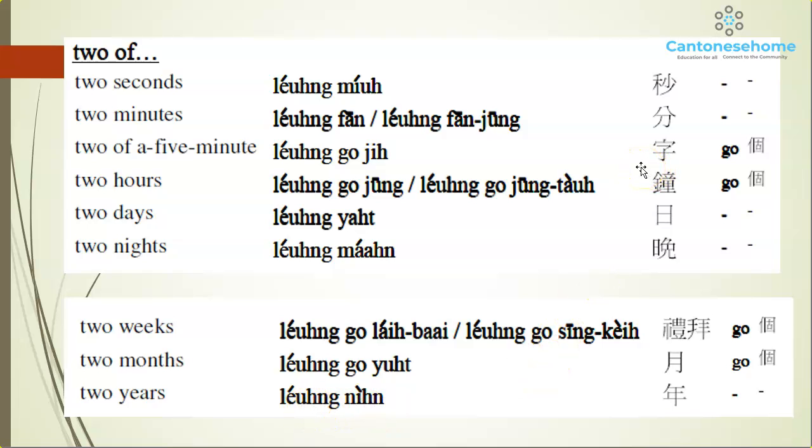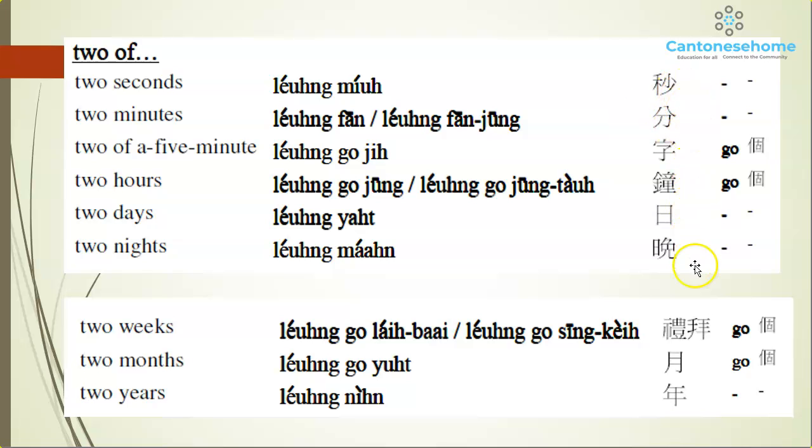A way to remember is there are 4 you need to use 個 for: 1個字, 1個鐘, 1個禮拜, 1個星期, 1個月. That's it. And the others do not need an extra measure word. They are measure words themselves.